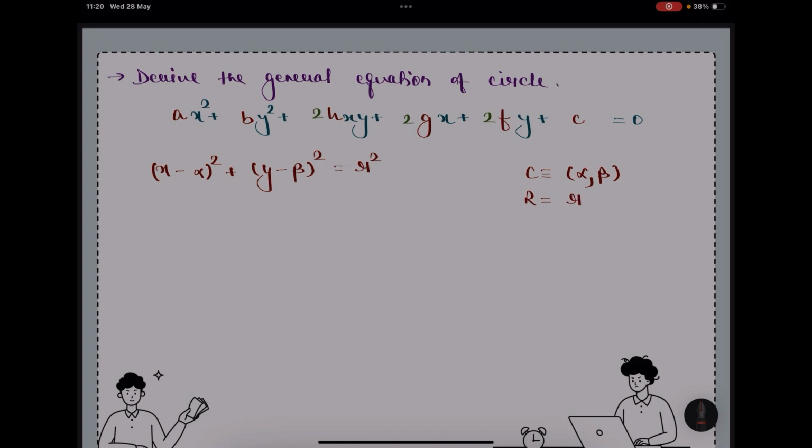So we will take help of this as well. Right now we don't know anything, so can we open this bracket and we will have x square plus alpha square minus 2 alpha x, similarly y square plus beta square minus 2 beta y, minus r square equals to 0.